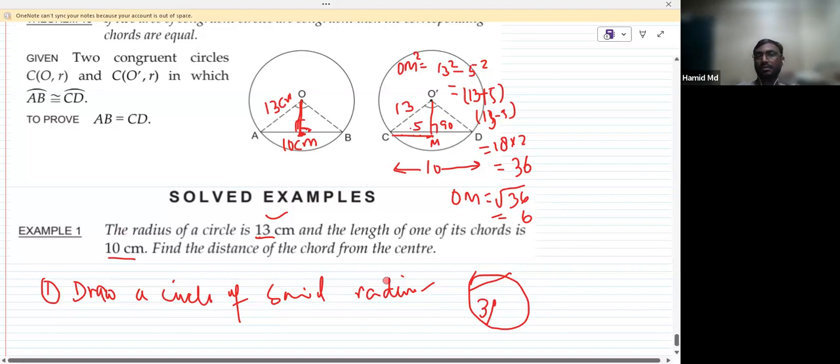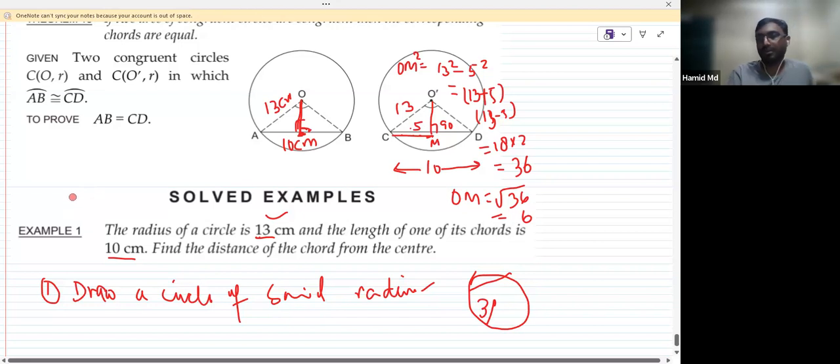You did the calculation? Yeah, but I did just my 13 minus 5, which is 8. So 8 into 8 is 64. Oh, I multiplied 8 into 8.